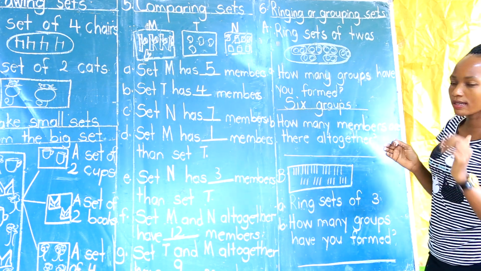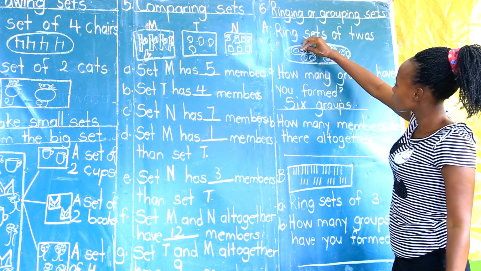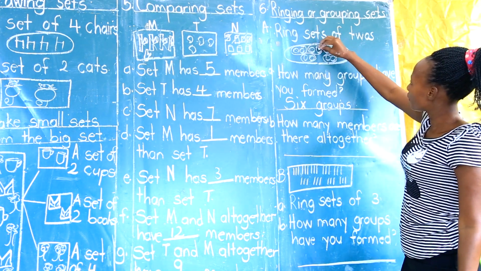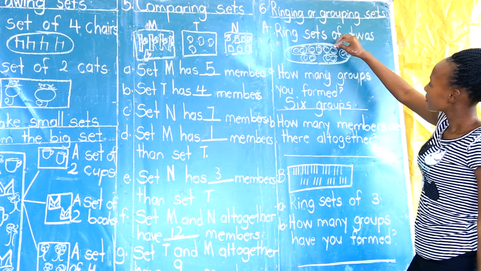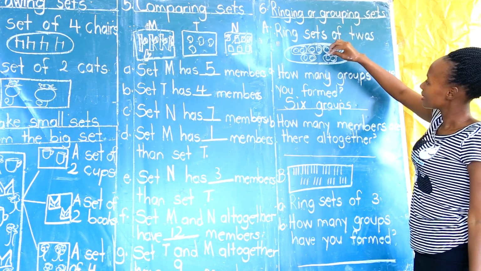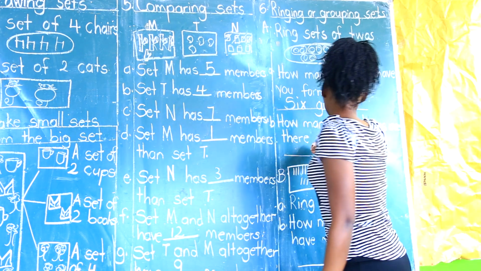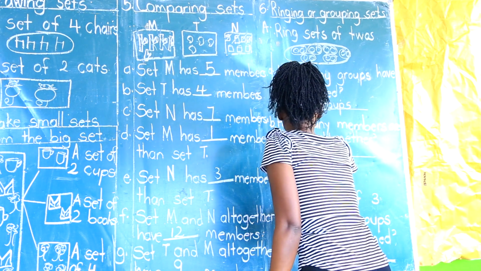What we get, those are the members. 1, 2, 3, 4, 5, 6, 7, 8, 9, 10, 11, 12. We have 12 members.